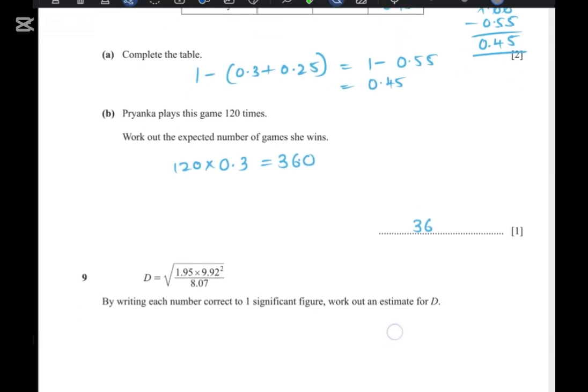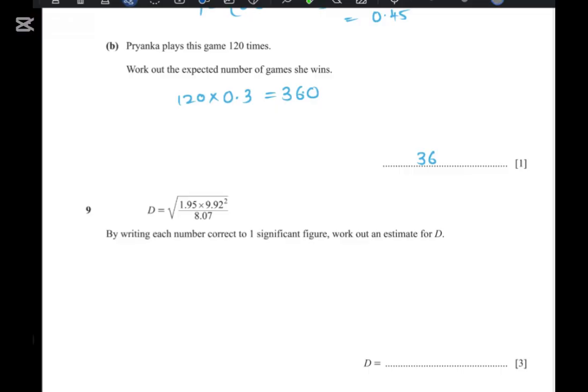Question number 9 now. D is equal to square root of 1.95 into 9.92 squared by 8.07. By writing each number correct to one significant figure, work out an estimate of D. So every number we will first try to find out. 1.95, if I write to one significant figure, it will be 2, because if I have to round to the ones place, it is 2 because 0.95 is greater than 0.5.